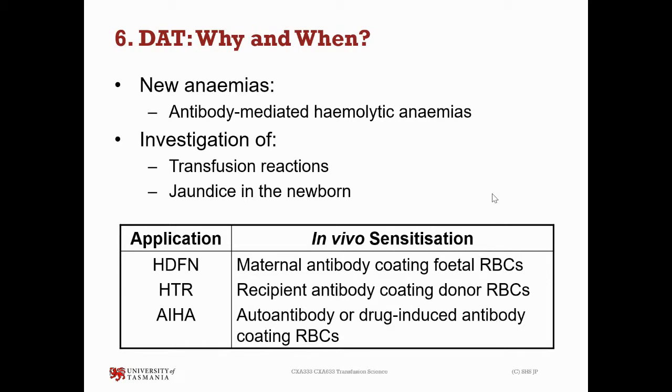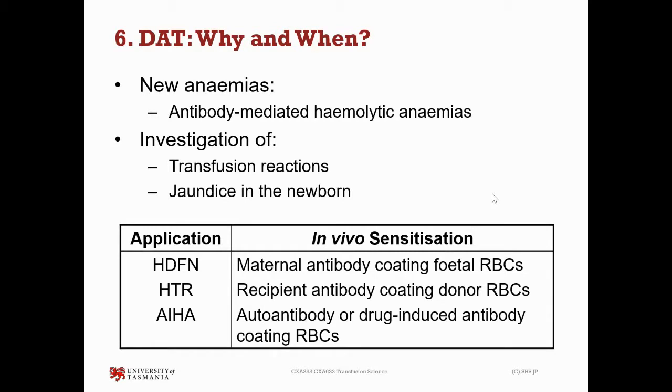So they are often used when we have anemia, so we're trying to work out whether it's immune or non-immune, but also very importantly, it's used to investigate whether or not we have had a transfusion reaction, particularly what we call a delayed transfusion reaction, which is due to our extravascular hemolysis, our IgG extravascular hemolysis, and also investigations of jaundice in the newborn.